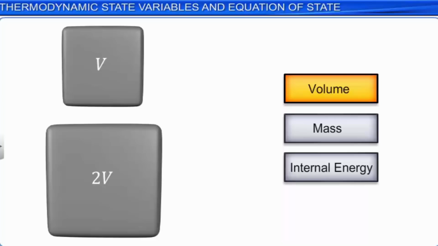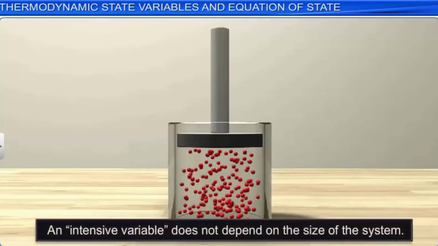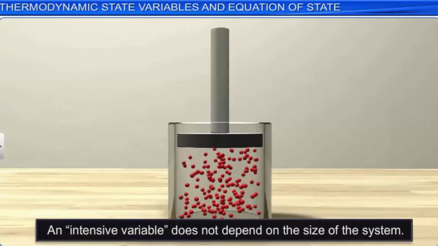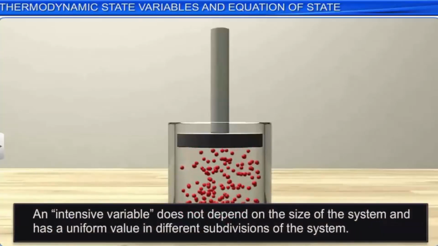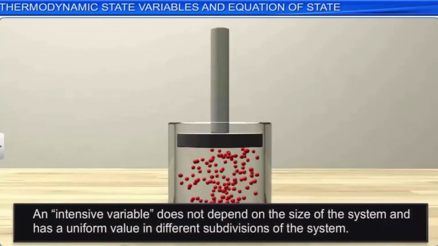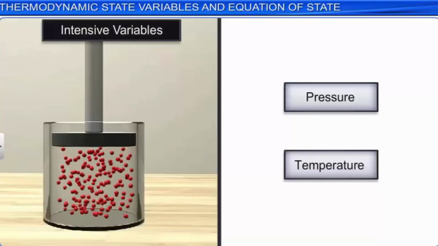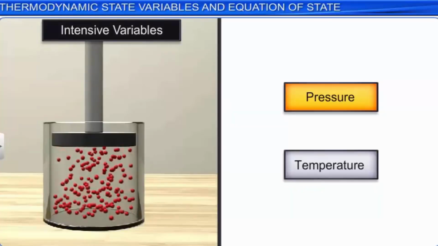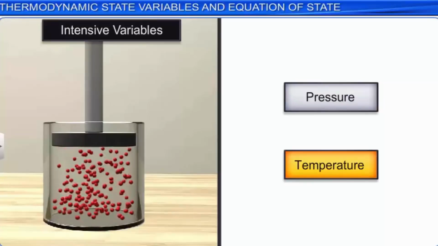Mass and internal energy are other examples of extensive variables. On the other hand, an intensive variable does not depend on the size of the system and has a uniform value in different subdivisions of the system. The pressure of the gas and temperature of the gas do not depend on the size of the system, and hence they are intensive variables.